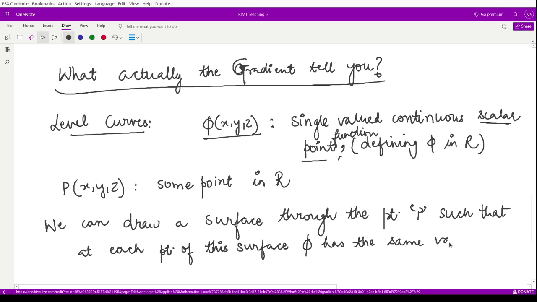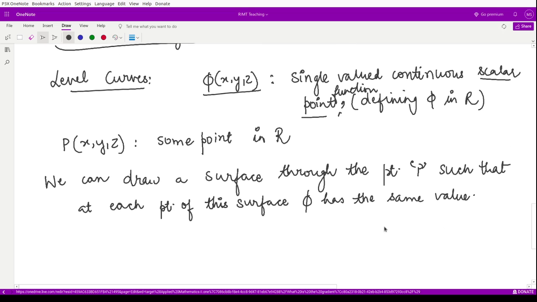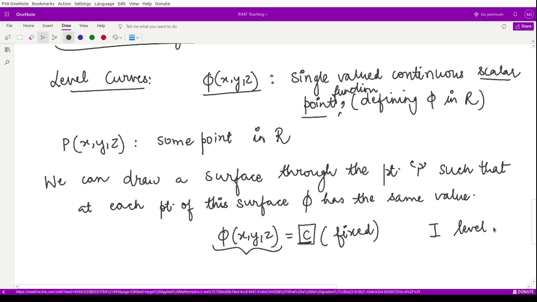Now this is interesting. Mathematically, this means that if I am calling my function phi of x, y, z, then this is equal to some constant through this point P. This constant c is fixed in nature. So whenever you roam around this surface through the point P, the value of the function will not change, right? And this c is fixed for one particular level curve. So this is, say, for the first level curve.